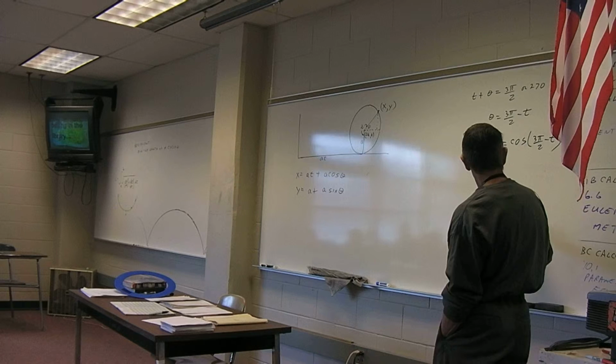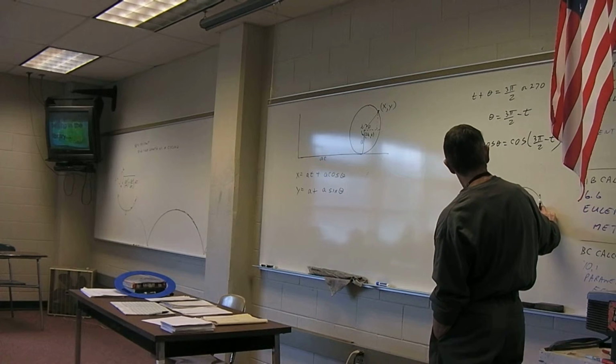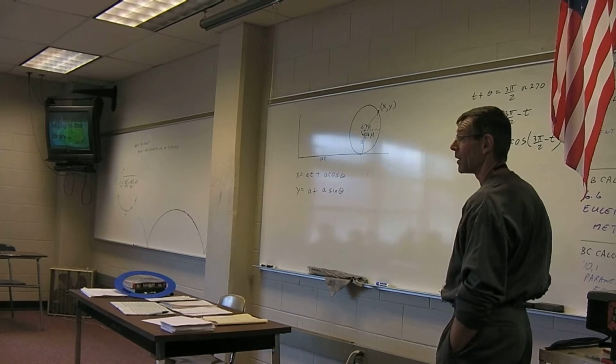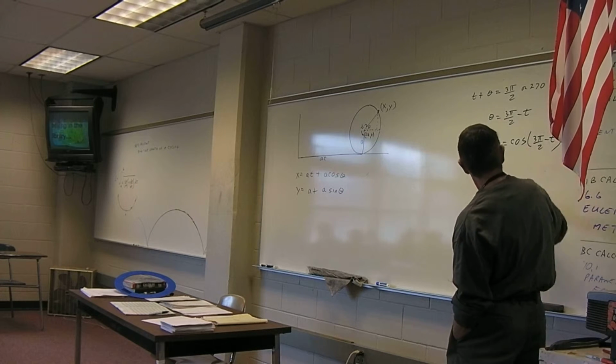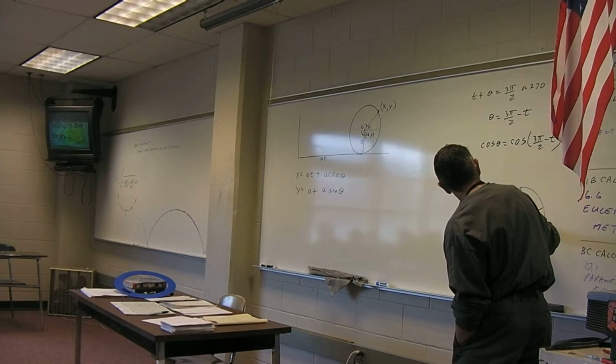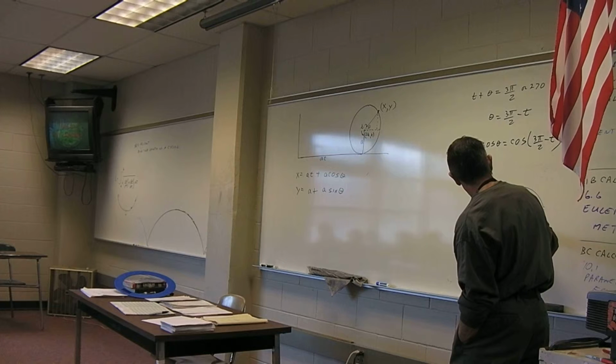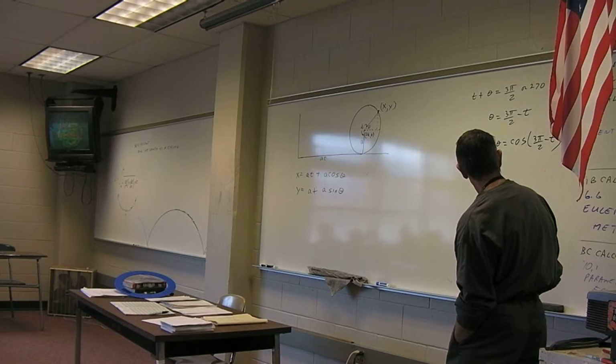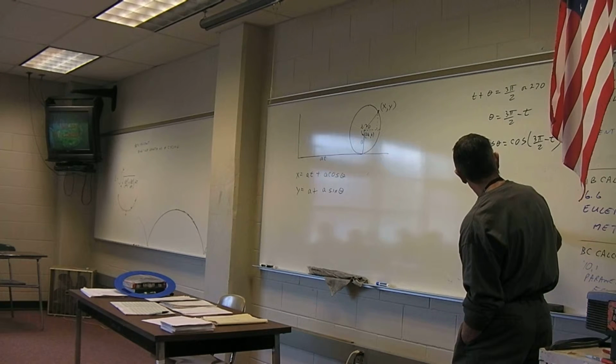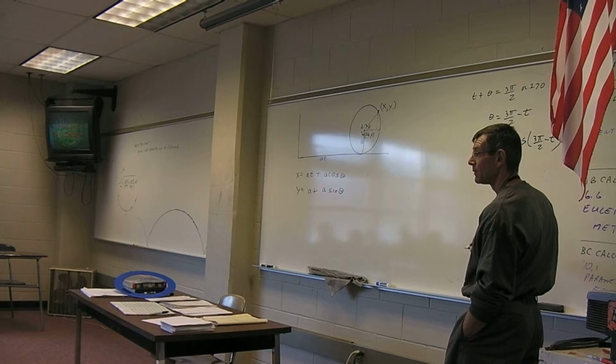If this was 29, that would be 61. What's the cosine of this angle? The cosine of this angle here is going to be this side over the hypotenuse.